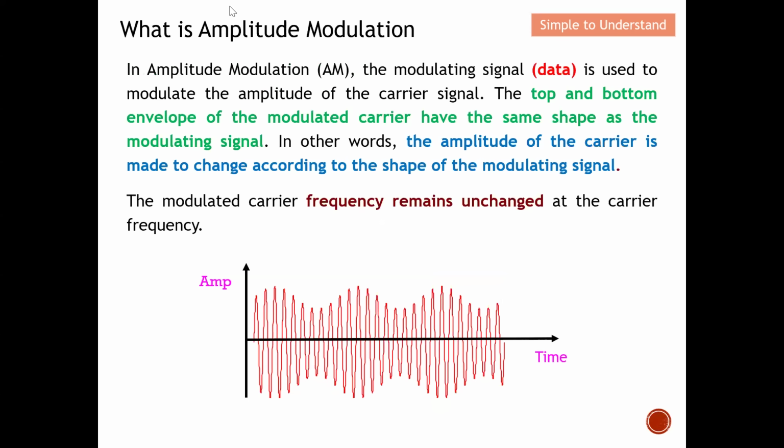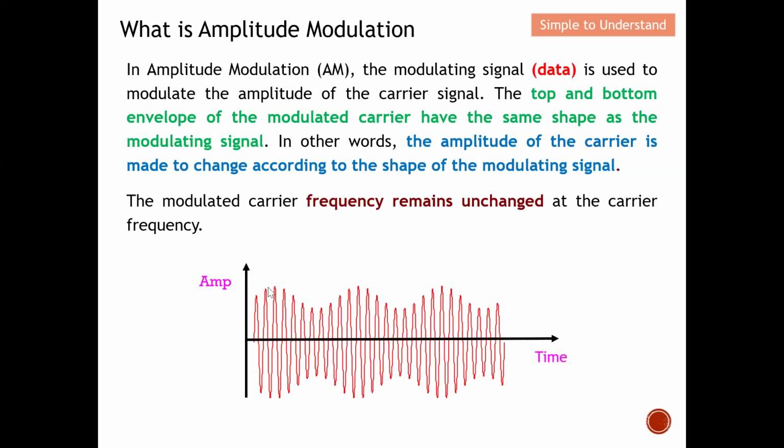Let me quickly come to amplitude modulation. In amplitude modulation, the modulating signal, which is the information or the data, is used to modulate the amplitude of the carrier signal. This means that the modulating signal changes the amplitude of the carrier signal. The top and bottom envelope of the modulated carrier have the same shape as the modulating signal.